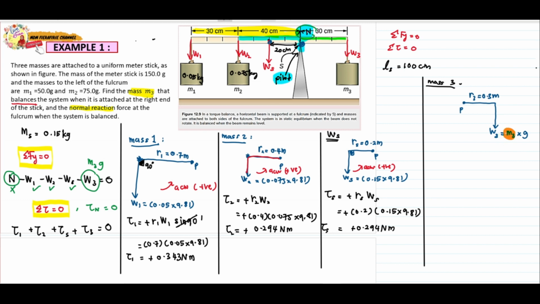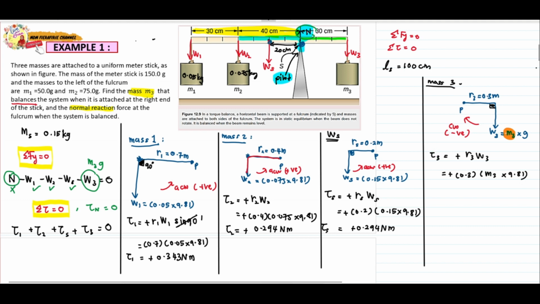Okay, so now the direction of torque should be clockwise direction, so torque 3 should be negative value. Okay, so torque 3 is equal to R3 W3 sine 90 degree. So this is 90 degree, right? Okay, so let's substitute R3 0.3, W3 kita tak tahu W3 berapa, so M3 times 9.81.